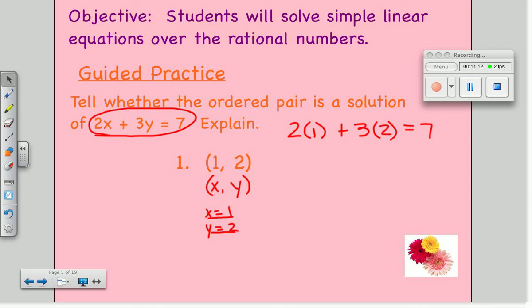Let's see if it's right. 2 times 1 is 2, 3 times 2 is 6. Is 2 plus 6 equal to 7? No. 2 plus 6 is 8, so those are not equal. So your answer here should be no. That ordered pair is not a solution. It does not work in this equation.